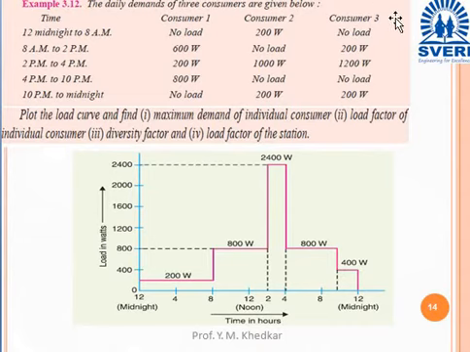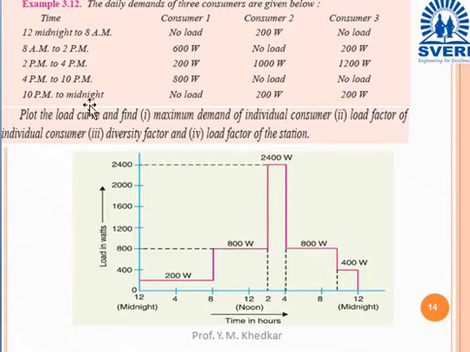calculate the total load in the fourth column. So here 12 midnight to 8, the total load will be 200 watt. We will have to write it over here. 8 am to 2 pm, 600 plus 200 is 800 watt. 2 pm to 4 pm, 200 plus 1000 plus 1200 will be 2400 watt. 4 pm to 10 pm, 800 watt, since no load means 800 watt will be consumed between 4 pm to 10 pm.